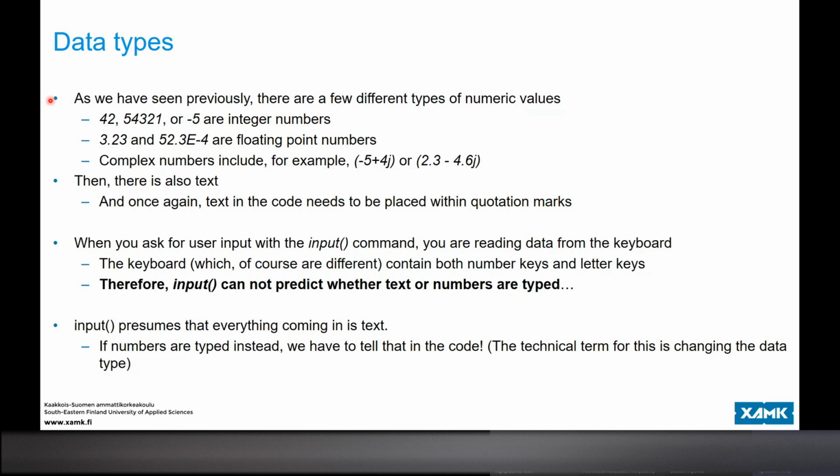So there's numeric values and there is also text. So in Python, we distinguish numbers from text. And when we are asking for user input with the input command, we're reading data from the keyboard, and the keyboard can contain both number and letter keys. So obviously we can't know beforehand what it is that the user will be typing in.